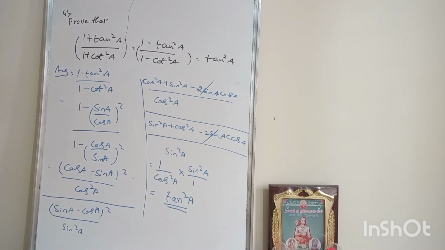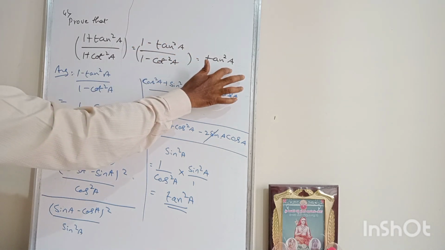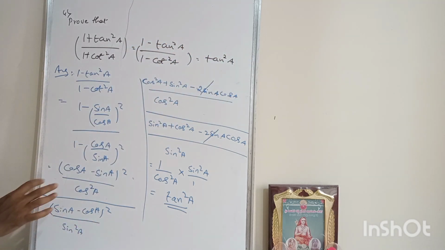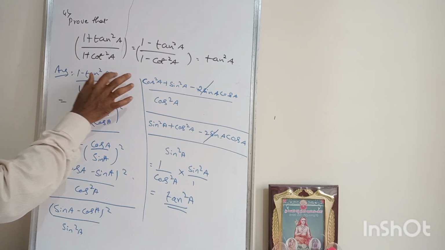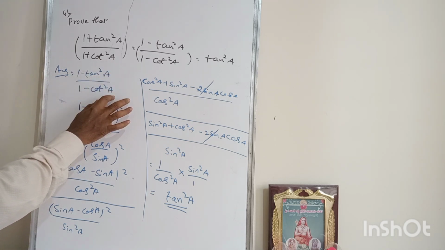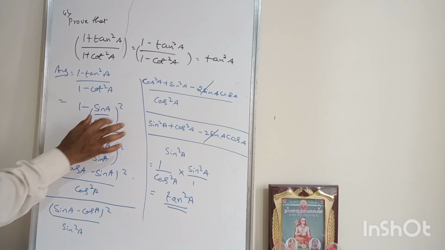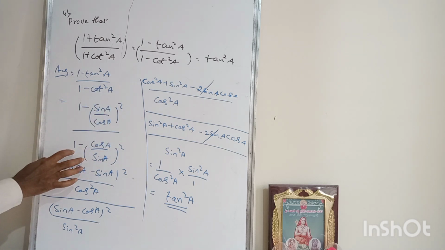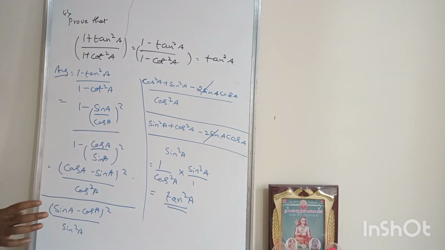Now the second part of the fourth problem, that is (1 minus tan square A) by (1 minus cot square A) is equal to tan square A. We have to take LHS. (1 minus tan square A) by (1 minus cot square A) is equal to 1 minus (sin A by cos A) whole square, by 1 minus (cos A by sin A) whole square.